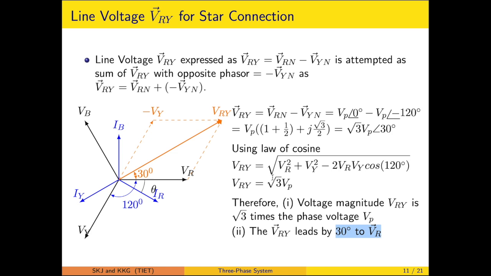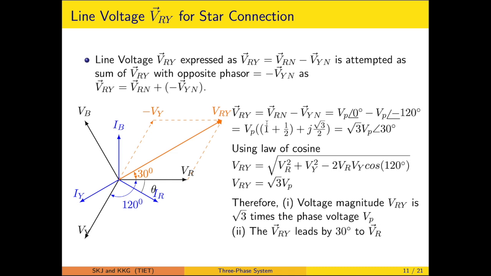The magnitude can be calculated by the law of cosines, which is well understood: this length squared plus this length squared minus 2 VR VY, with this angle being 120 degrees. So these are the two takeaways for the star connection: the line voltage is root 3 times the phase voltage, and the line voltage leads the respective phase voltage by 30 degrees.